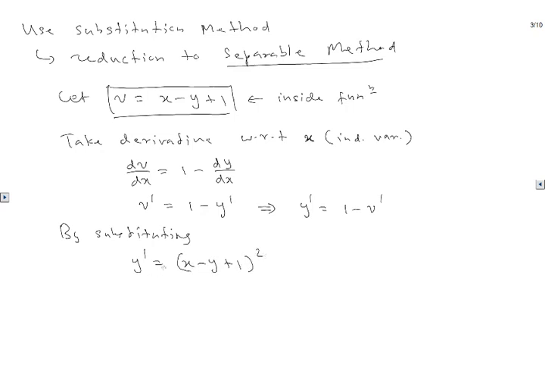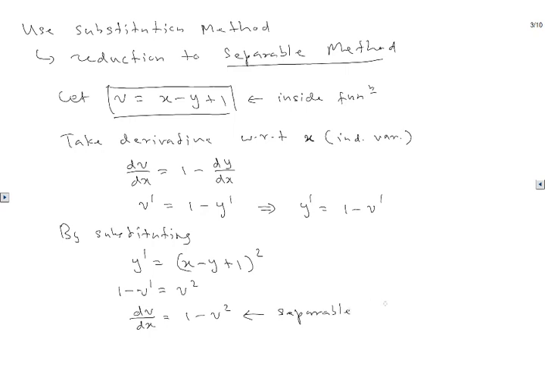You can substitute. Once you substitute for both sides, this side becomes 1 minus v prime, and this simply becomes v squared. And you can see that you can write this one as dv over dx equal 1 minus v squared, and you can see that this is a separable equation.